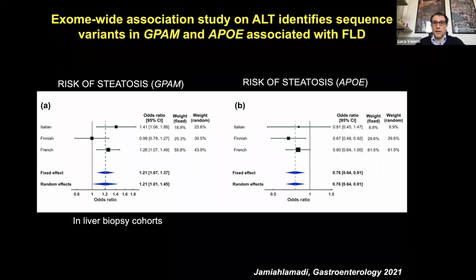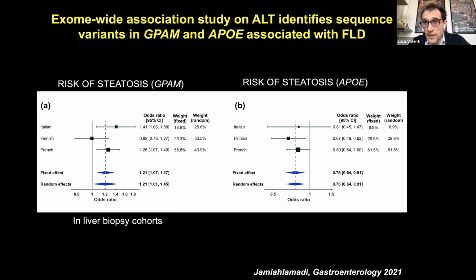So in particular, we found two variants that besides ALT levels were also independently associated, with significant association at genome-wide levels, with hepatic fat accumulation in a subset of about 50,000 individuals with hepatic fat content evaluation in the UK Biobank, and we further demonstrated in a larger European liver biopsy cohort that these two genetic risk variants were also associated with hepatic fat accumulation at the histological level.